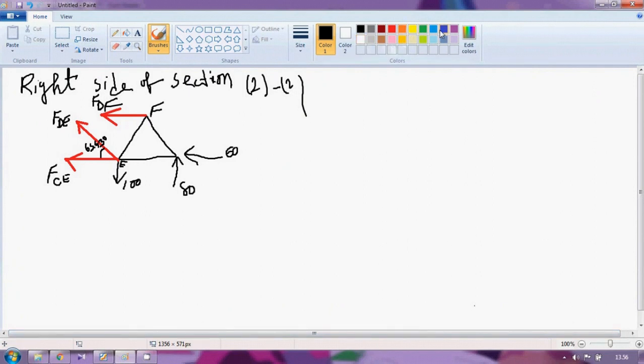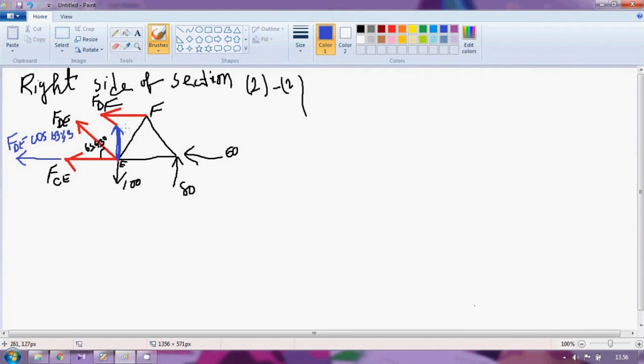This inclined force, at first we have to resolve it into two components. If I resolve it, there will be a horizontal component and a vertical component. This is FDE cos 63.43.